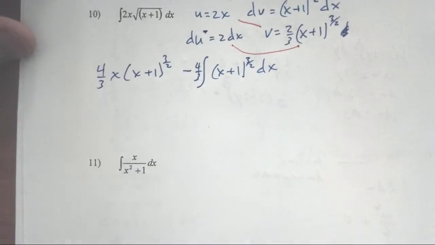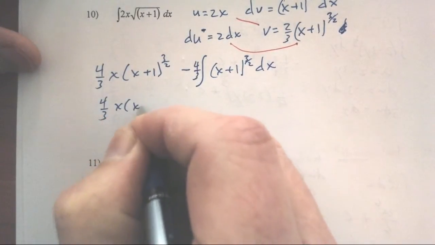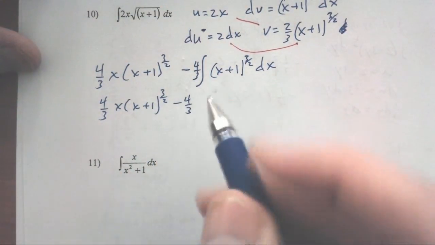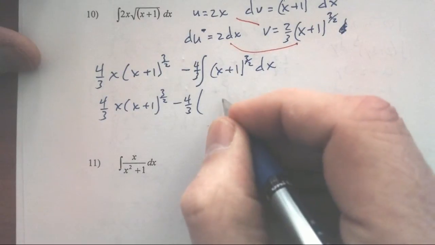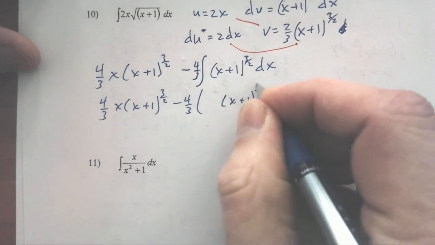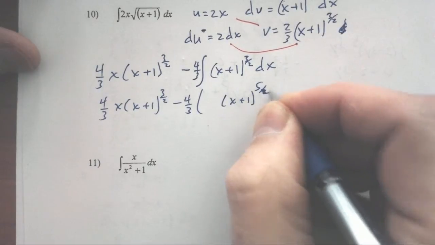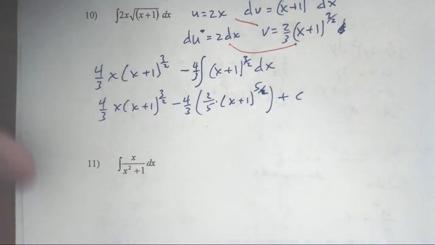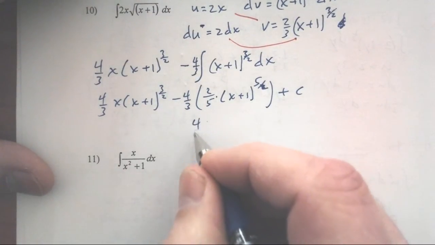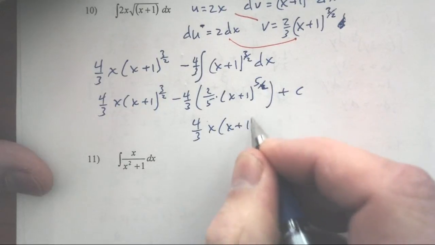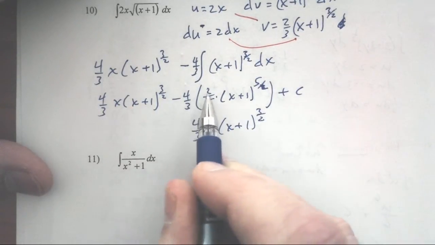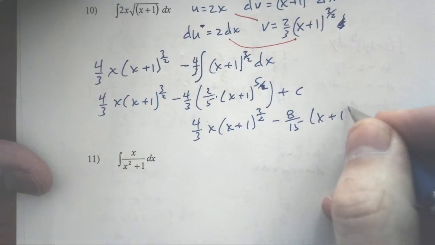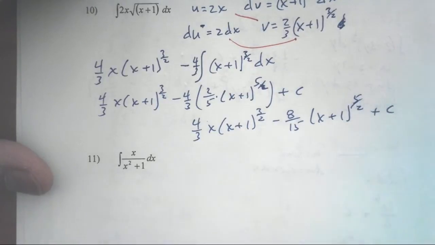All right, well, we can manage that. 4/3 x times x plus 1 to the 3/2 minus 4/3 times the integral, which is going to be x plus 1 to the 5/2 over 5/2, but that's times 2/5, plus c. So 4/3 x times x plus 1 to the 3/2, minus 8/15 x plus 1 to the 5/2 plus c.